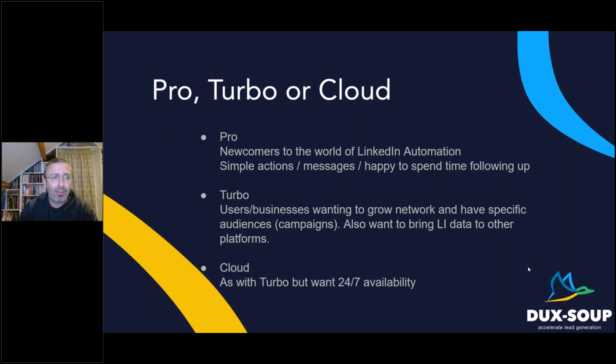With Turbo and Cloud, you could, for example, queue up a month's worth of actions and then just leave it. And that's what we're seeing a lot of people doing, especially if they're looking at scaling up and wanting literally hands-off lead generation: create a good list, find a couple of thousand people, enroll them all into a campaign, and then let Dux Soup do the hard yards, so you can get on with something more productive.